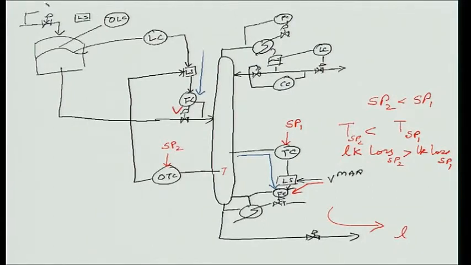There is a flow controller on the feed to the column, and I am setting the feed set point, and I am comparing it with the override level controller set point. The lower of the two signals sets the feed to the reactor or the tank. Okay. Now let us see how this works.